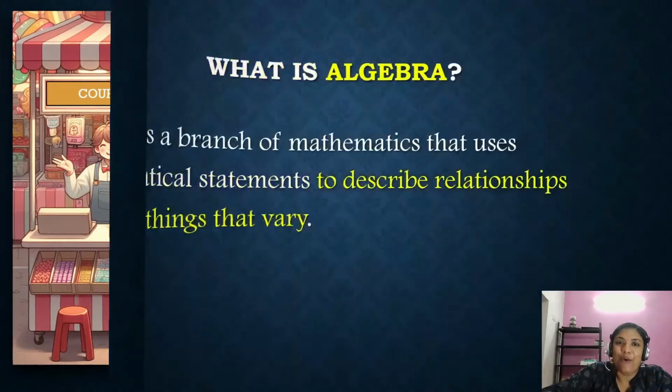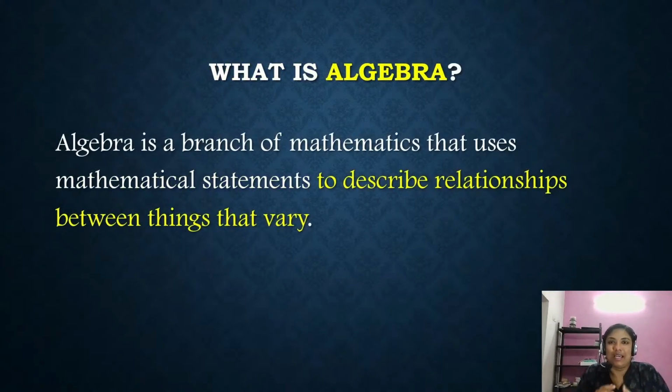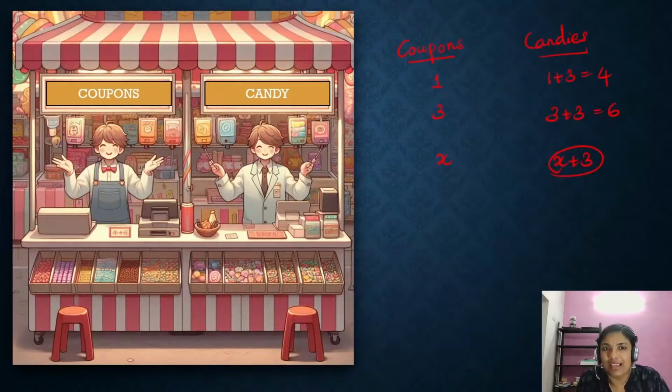Okay, so algebraic expression comes under this category of mathematics, algebra. And what is algebra? Algebra is a branch of mathematics that uses mathematical statements to describe relationship between things that vary. Here, what was varying?